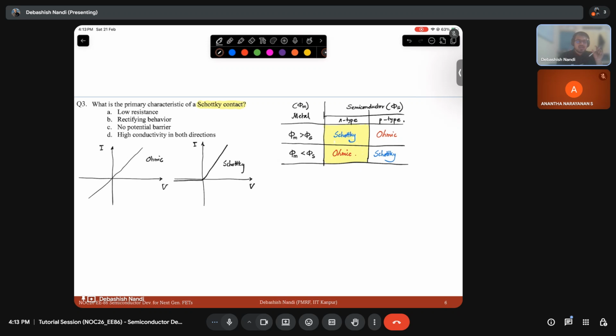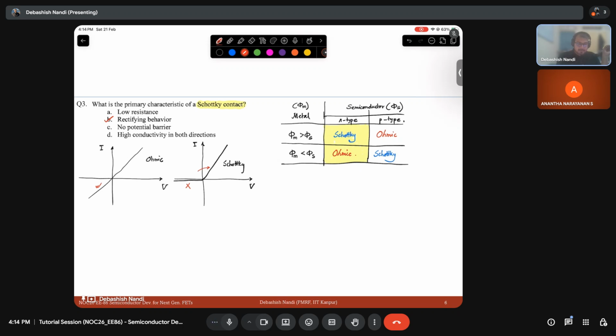That means if I just change the polarity of the battery, current will flow in the other direction. But in Schottky contacts, current will flow only in one direction, and in the other direction current will not flow. So by definition, these kinds of contacts are used for rectifying behavior.